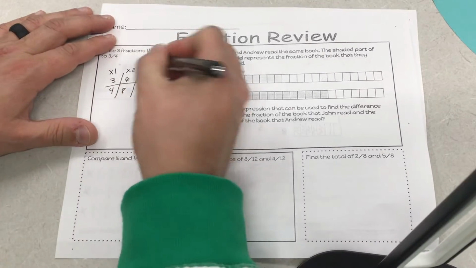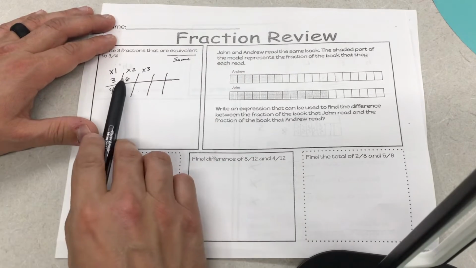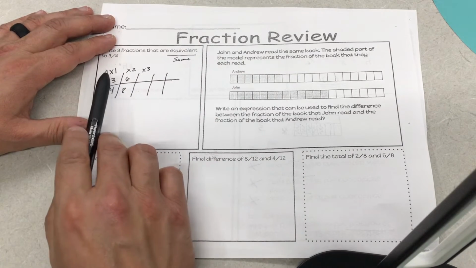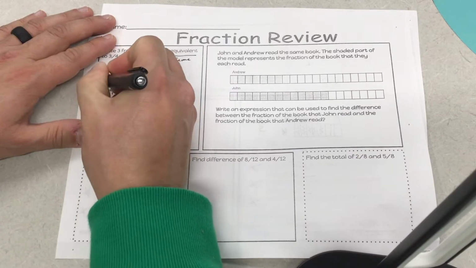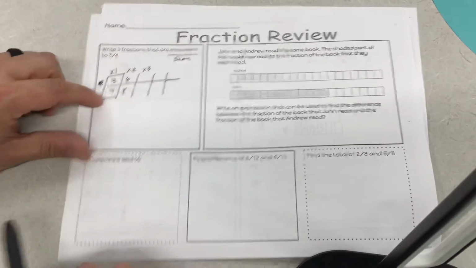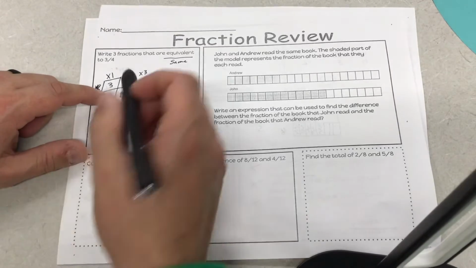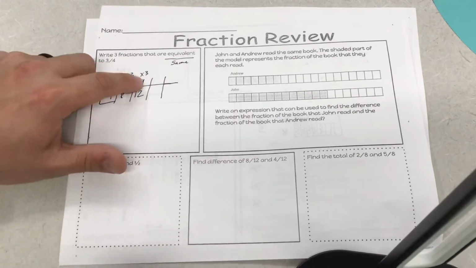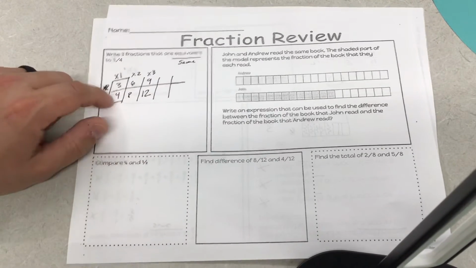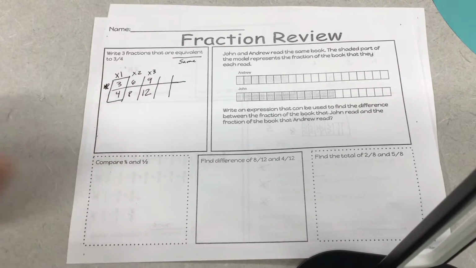The next box is going to be multiplied by 3. Now remember, we're not multiplying this by 3. We're going back to our original fraction. And if it helps you, box this guy. Put a star next to him. He's the special one. So now I'm going to multiply the top by 3. 3 times 3 is 9. 4 times 3 is 12. 9/12 is equivalent to 3/4. It is the same fraction.